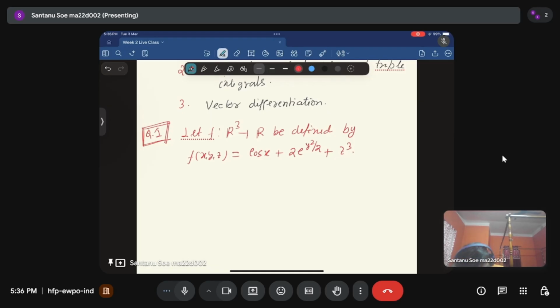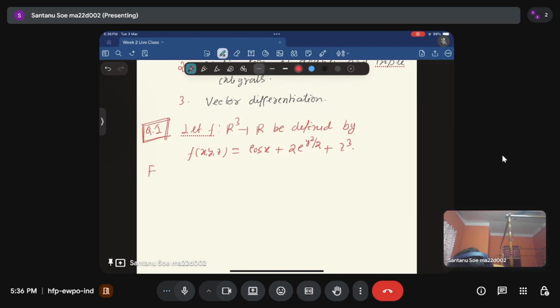Find the maximum rate of change of f at the point p at pi by 4, 0 and 1.